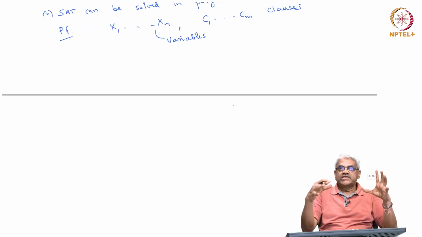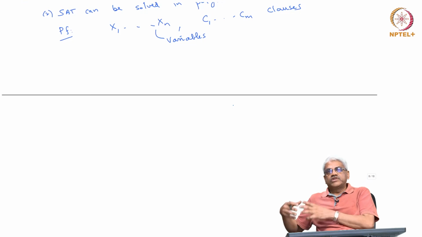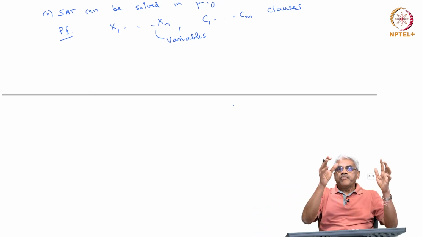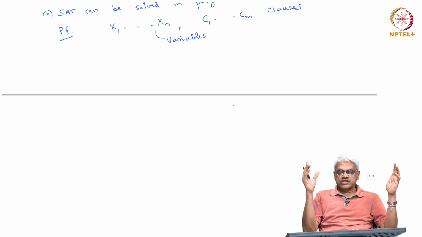So, from this SAT instance, I am going to construct a graph, use the CLIQUE algorithm, which will give me the max clique. Somehow from there, I am going to answer the question, is the formula satisfiable? Can I satisfy all clauses simultaneously? That is our question. Remember?